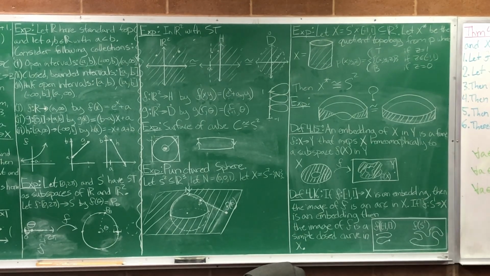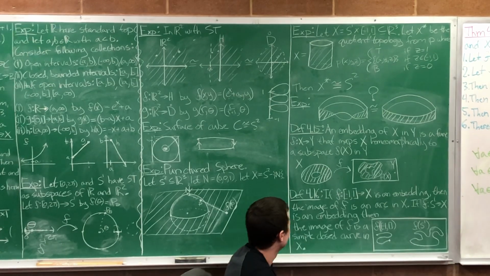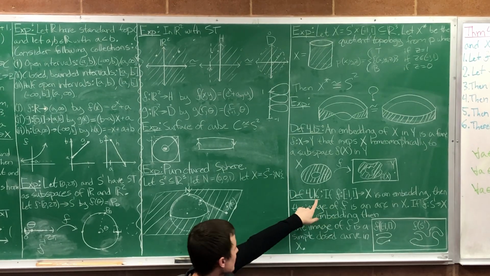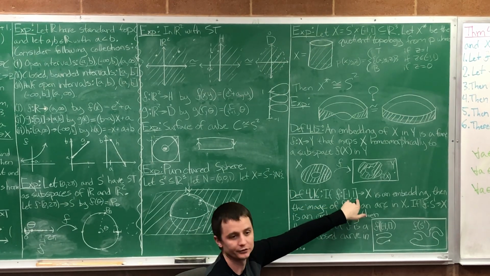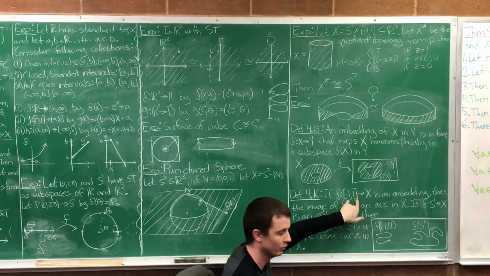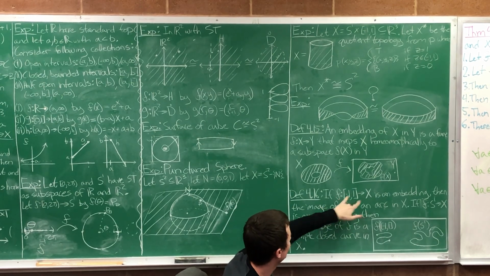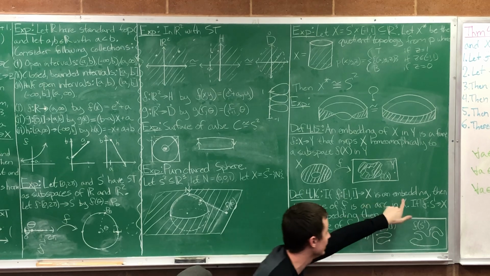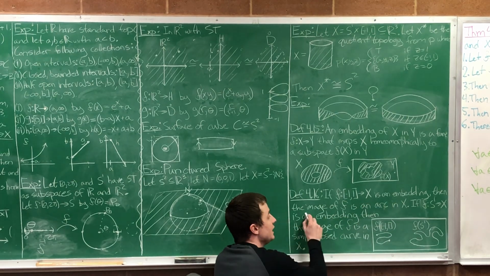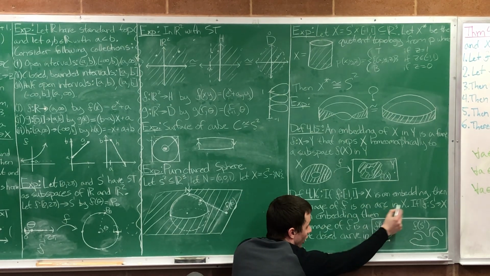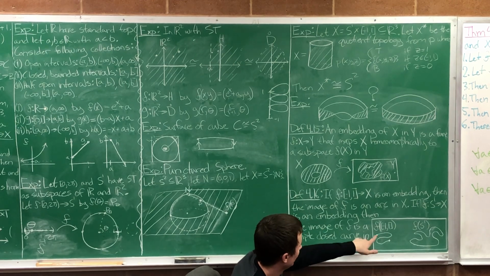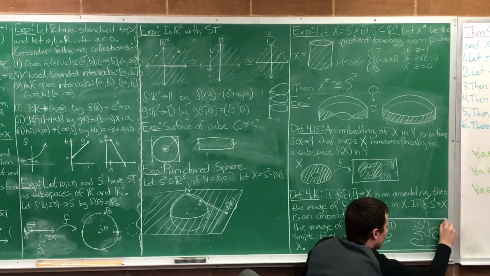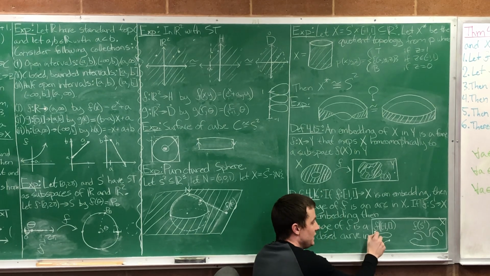Yeah. So now, two very important definitions, at least for physics. If f is a function from some closed interval, -1 to 1, but it doesn't really matter what the closed interval is, and f from -1 to 1 to X is an embedding, then the image of f is called an arc in X. Here might be our X over here, and the image of f might be this line right here.